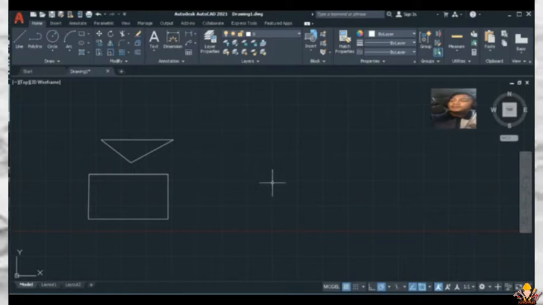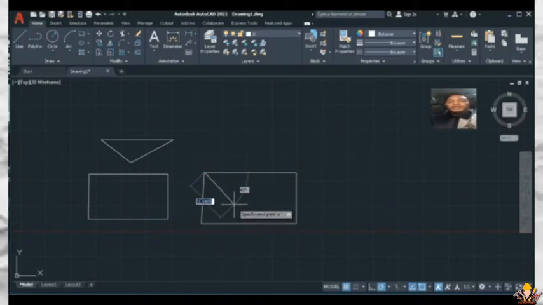So the next thing that I want to show you guys is how to use the polyline or the pline. So first you just have to click this button and then pick your first point again, and so on and so forth until you reach the figure that you want to make.